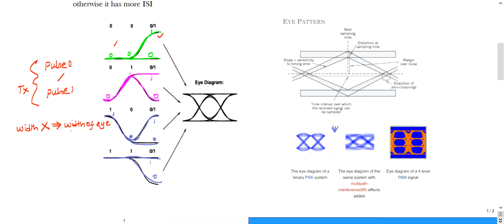If the width of the eye is pretty low, see, for a good eye it will have larger width, for a bad eye the width is very low. Height can be normal, but the width is a little low here, and high here. This is preferable, this is not preferable. If you get this kind of width, then you can say that the width of the original pulse 0 or 1 has been distorted. This is point number 1.